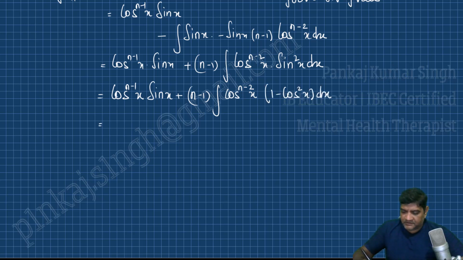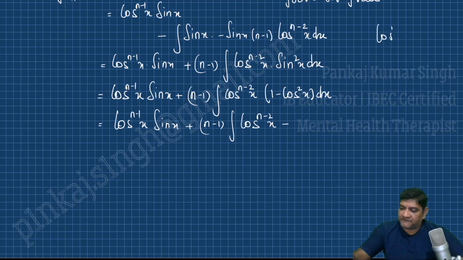Further, I can write this as cos to the power of n minus 1x into sin x plus n minus 1 integral. This when multiplied will give me cos to the power of n minus 2x minus cos to the power of n minus 2x into cos square x, which is simply going to be cos to the power of nx. So I can write this as minus cos to the power of nx dx.